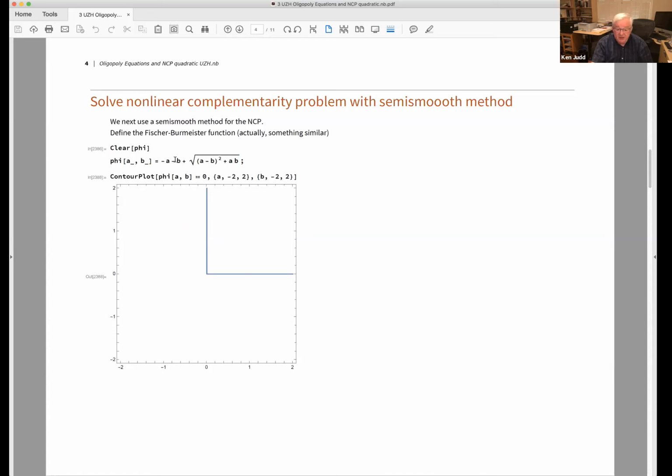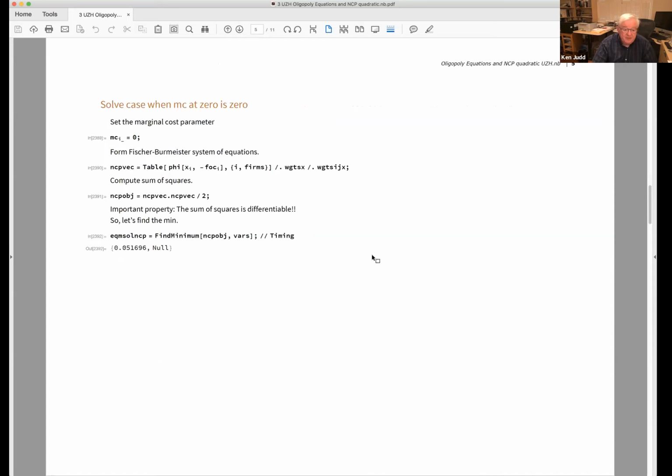Here's an example, a graph of the Fisher-Burmeister function. This is actually simpler than the original Fisher-Burmeister function. And then I do a contour plot, and you see exactly that it is 0 only on the non-negative axes.